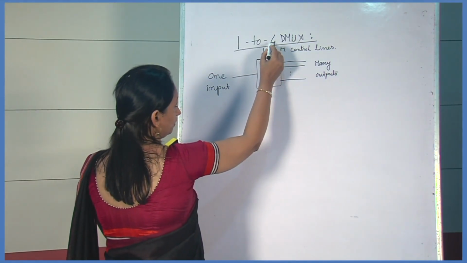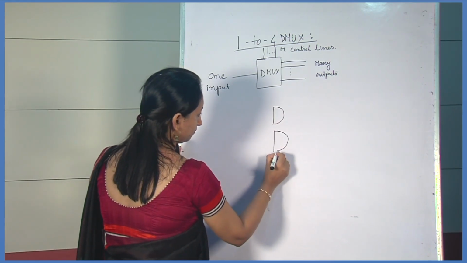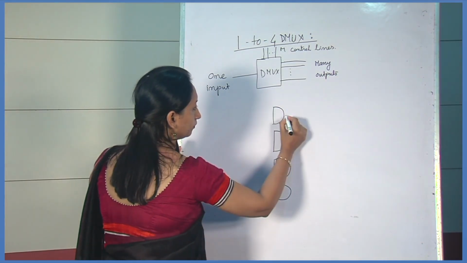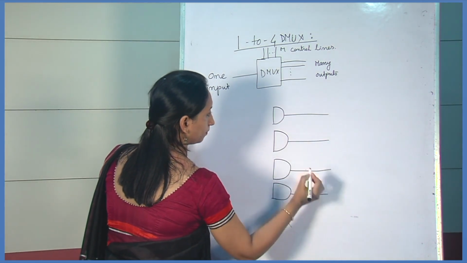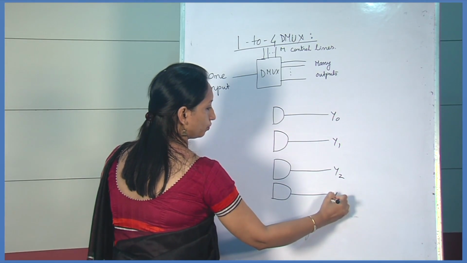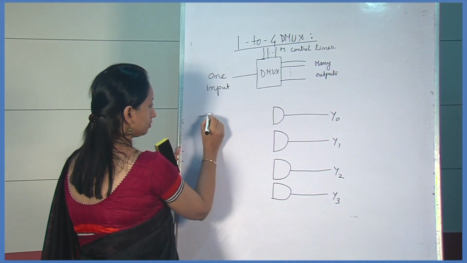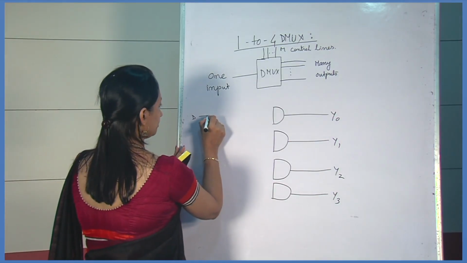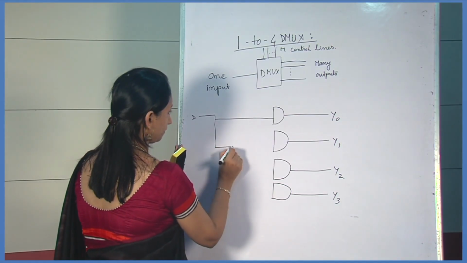Since there are 4 outputs, there are 4 AND gates. Suppose the outputs are Y0, Y1, Y2, Y3, and there is one input, suppose this is the D input, D is the data input, and it is applied to all the AND gates.